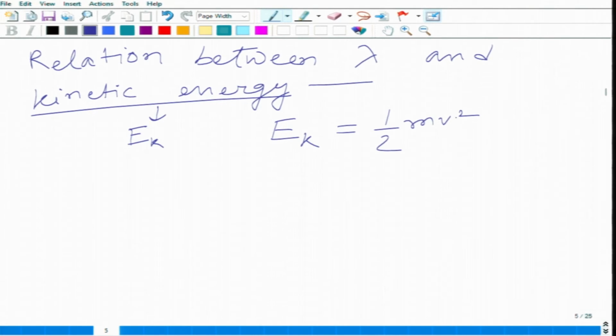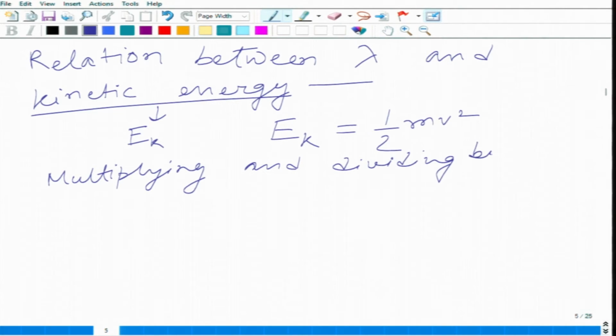We know that if in an equation we multiply and divide with the same quantity at once, then the value of the expression does not change. So, multiplying and dividing by m, what do we get?